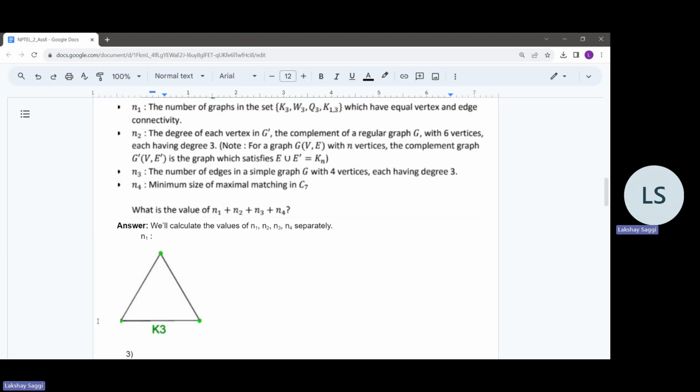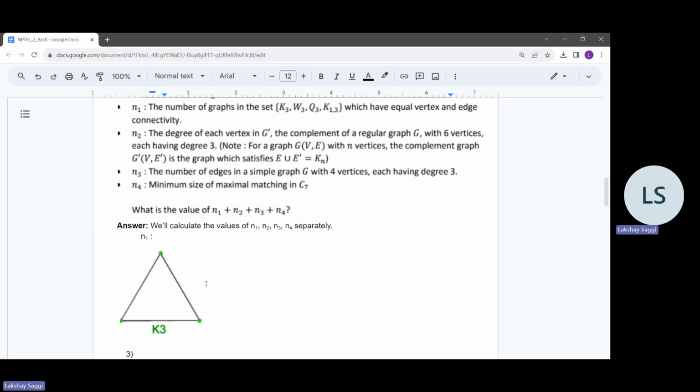If we remove another vertex, all three edges are also removed, so only a single vertex remains. A single vertex without any edges is also a connected graph, because it's a connected component. So even after two deletions, this graph does not become disconnected.